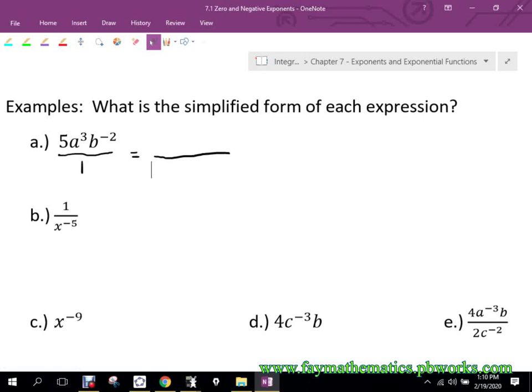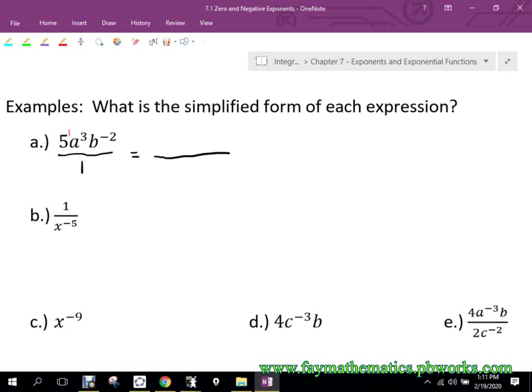So the 3 is directly behind A, so the 3 goes to the A. What goes with the 5? Not 0. It'd be 1. The reason it's not 0 is because if I took 5 and raised it to the 0 power, what did we say that was earlier? It was 1. So when there's not an exponent written down for something, it's an understood 1.